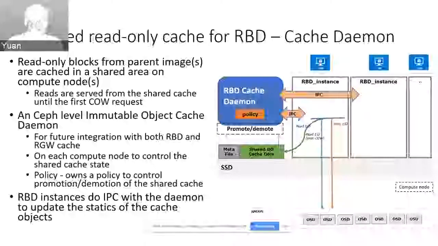The first one is we have a cache daemon running on each compute node, which can do promotion on each lookup, and also do some eviction when the cache space is under some high pressure.